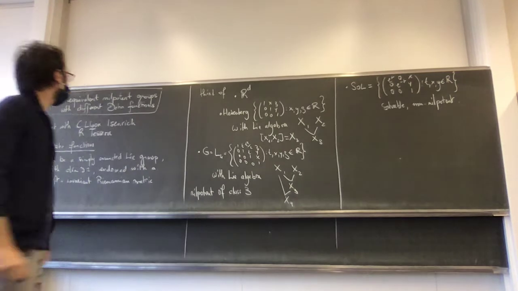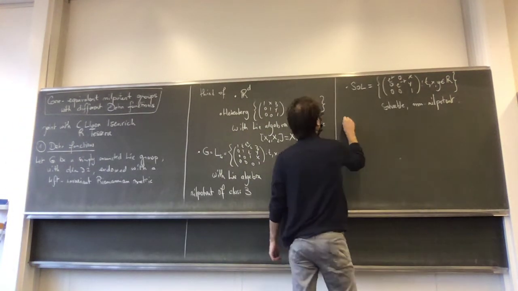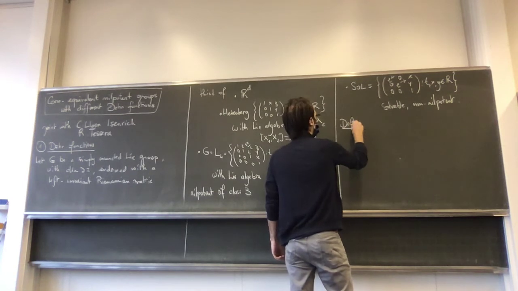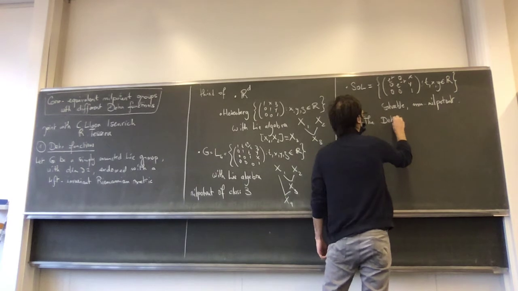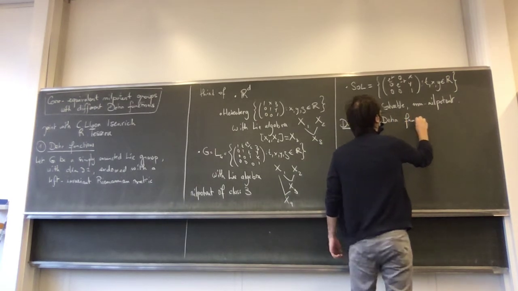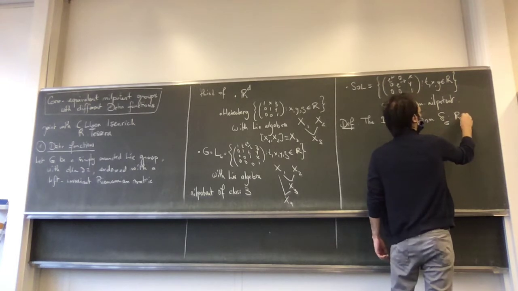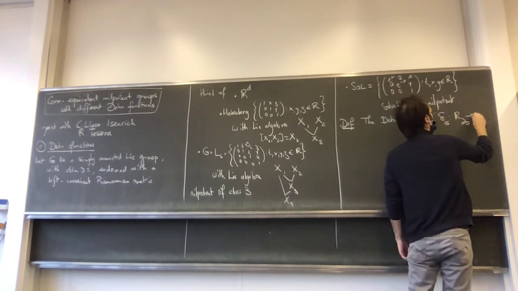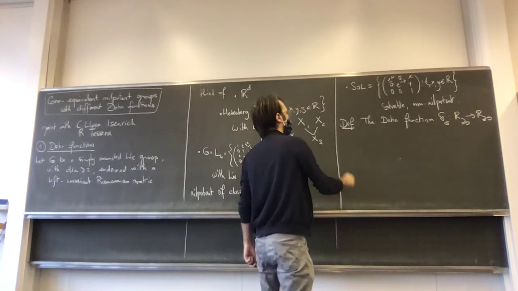So now I want to define the Dehn function. Definition: the Dehn function is a function that goes from the half line to the half line and is defined in the following way.